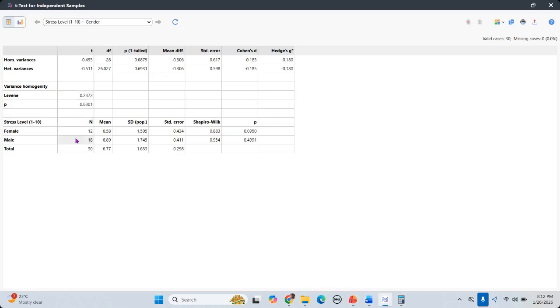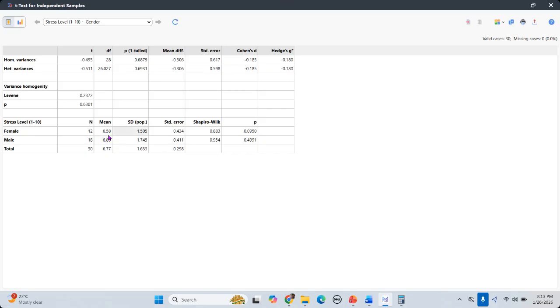Now, look at the descriptive statistics. There are a total of 30 respondents, and we have 12 female and 18 male categories. And I want to see the stress level. Who is having a high stress level? Whether male employees, male healthcare workers, have more stress level or female.